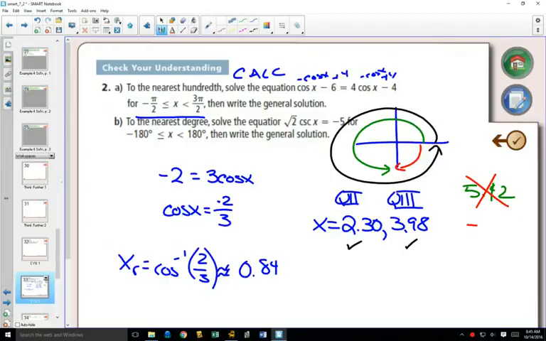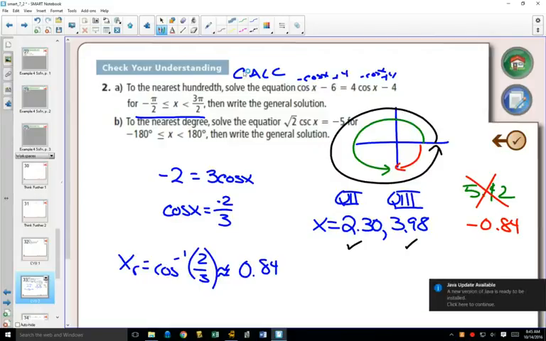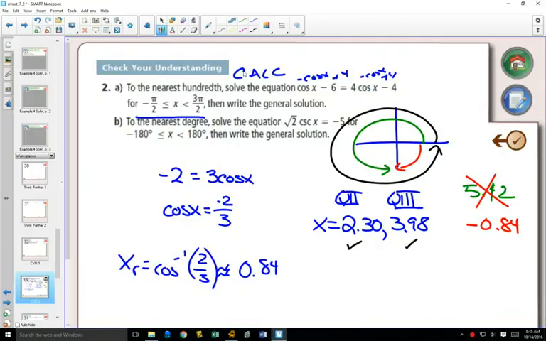Then it would just be negative the reference angle in quadrant 4. If you needed a negative angle in quadrant 3, you would just do 180 minus your reference angle and make that angle negative. So now we've got our answer from negative pi over 2 to 3 pi over 2.